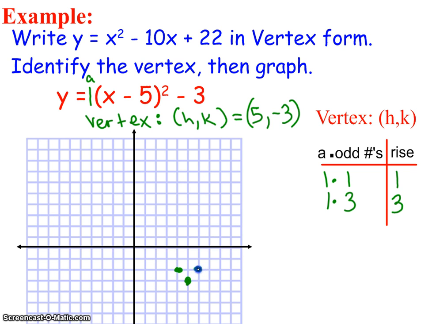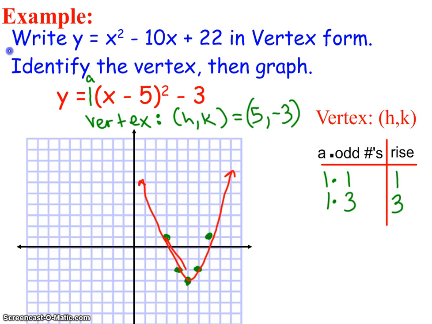The second time you go up 3. And you run 1. Match it on the other side. Now you're ready to connect the dots. If you want one more, you can go up 5 and you would run 1. But 2 is fine. Oops, sorry, I missed that one. Okay, and that's how the graph would look.